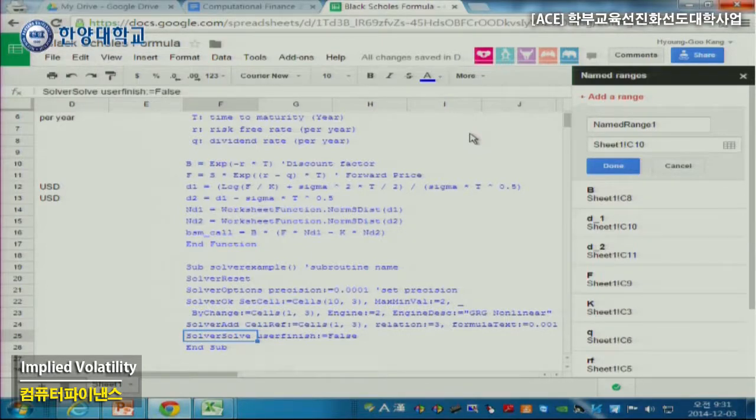So maybe I have to define those. Maybe just erase the name of the values. Just write down C3, C4, C5, C6. More convenient. It says the name is not valid. That's very weird.